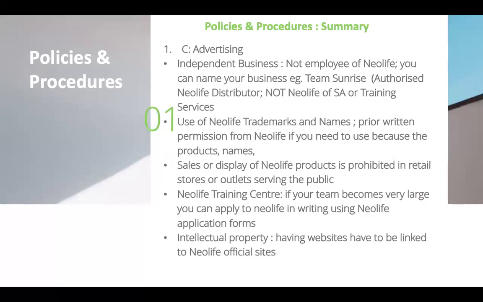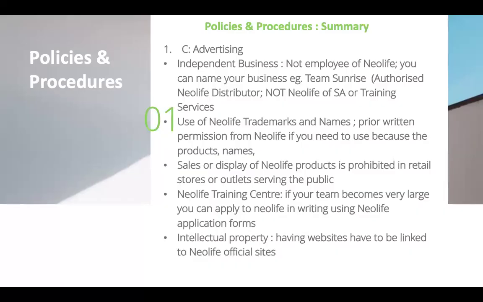Why? Because you're competing against other distributors, which is unfair. There is, however, a provision in the policies and procedures that if you have a service that is conducted on an appointment basis, you can mention that Neolife products are available here, but you cannot display them to the public.